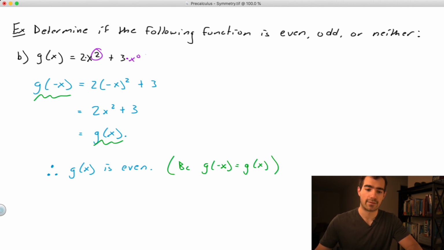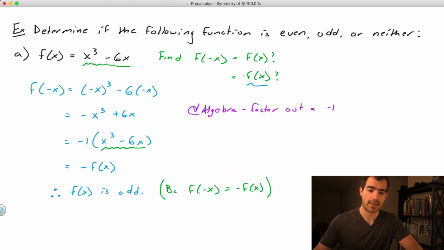And so we have only even number exponents, and our function is even. And then if we look back at our first example, we have an odd exponent, and this one again is not listed, but implicitly it's a 1.